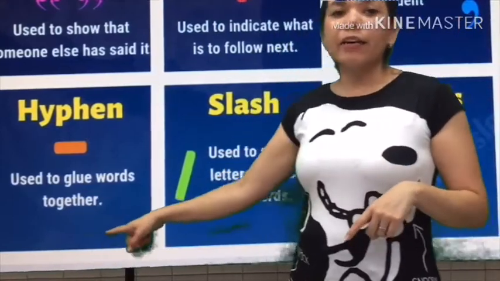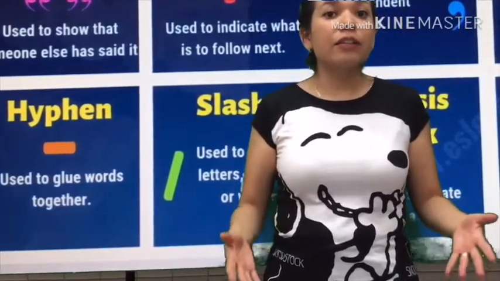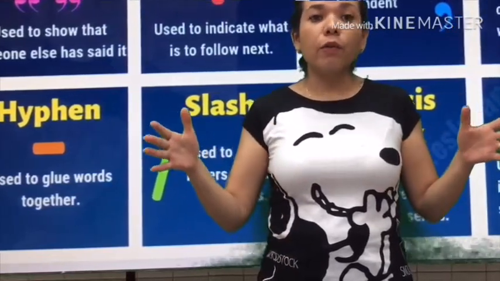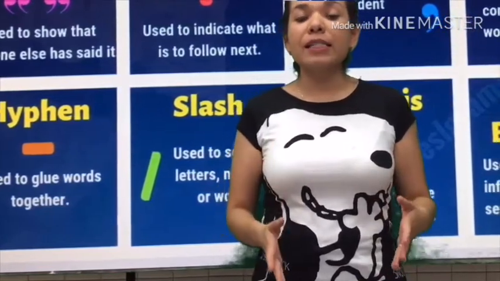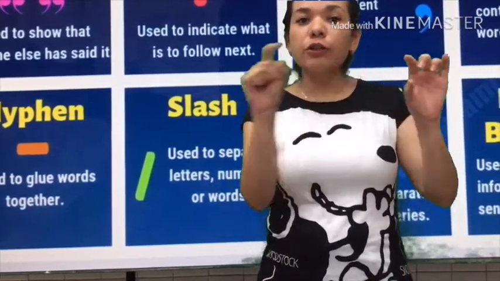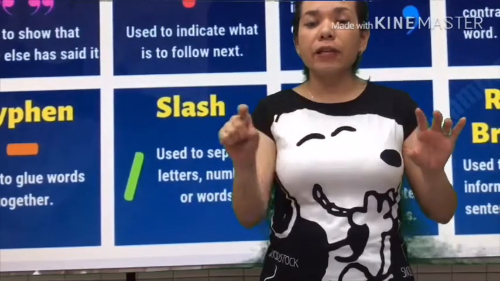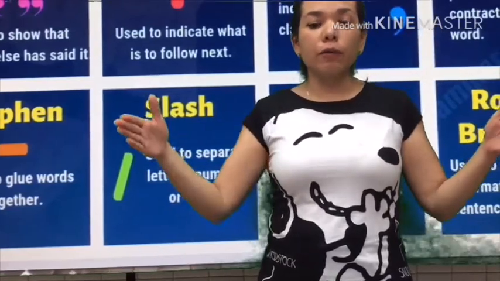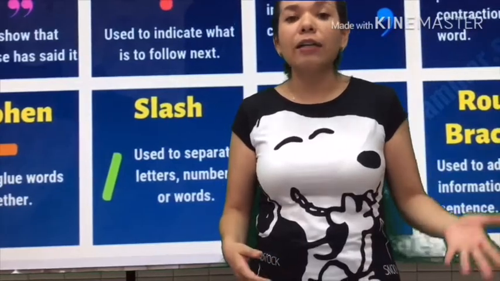As you can see here, we have the hyphen. The hyphen is the same as the dash. Dash or hyphen, we use it for compound words. Remember when we are spelling and you look at a line for spelling the word, it's a hyphen or a dash. It's a line that we use for joining words. Also a hyphen, we use it for dialogues.